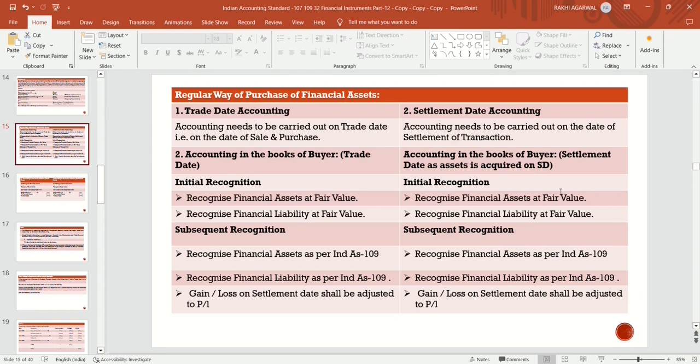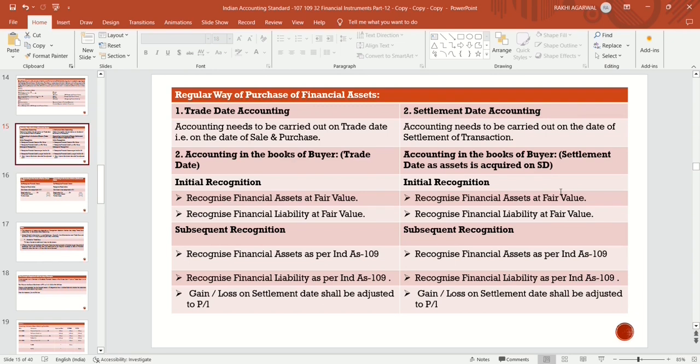Subsequent recognition: as we had discussed, any financial asset which is recognized at fair value will be recognized at amortized cost, FVTOCI or FVTPL. Subsequently it follows Ind AS 109. If it is recognized at amortized cost, then subsequently it will also be at amortized cost.